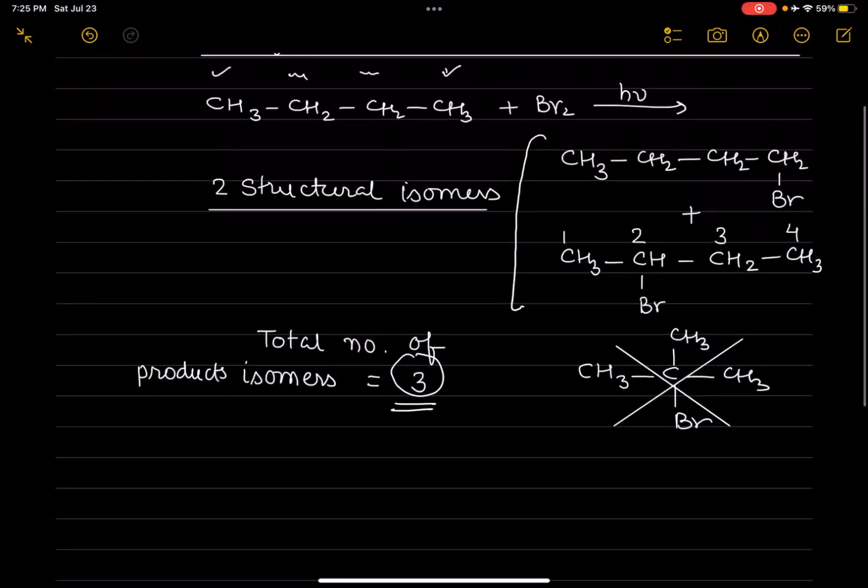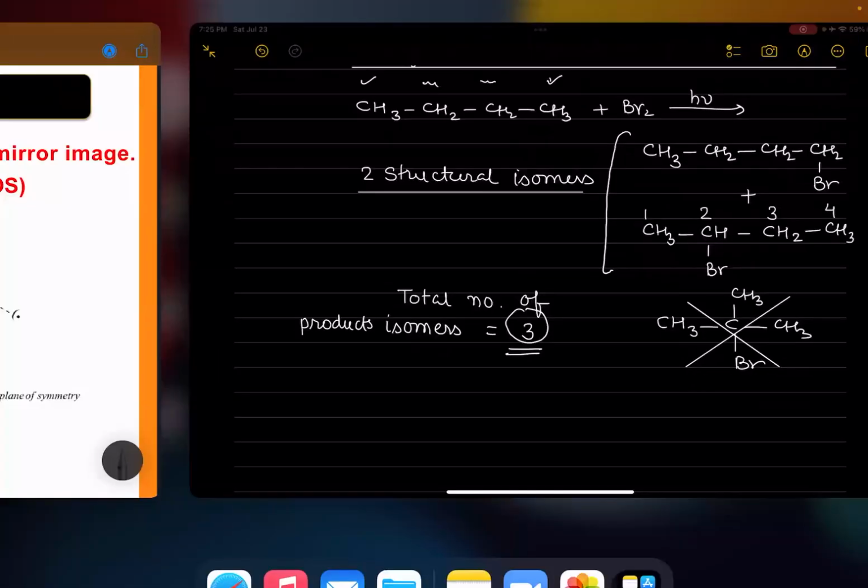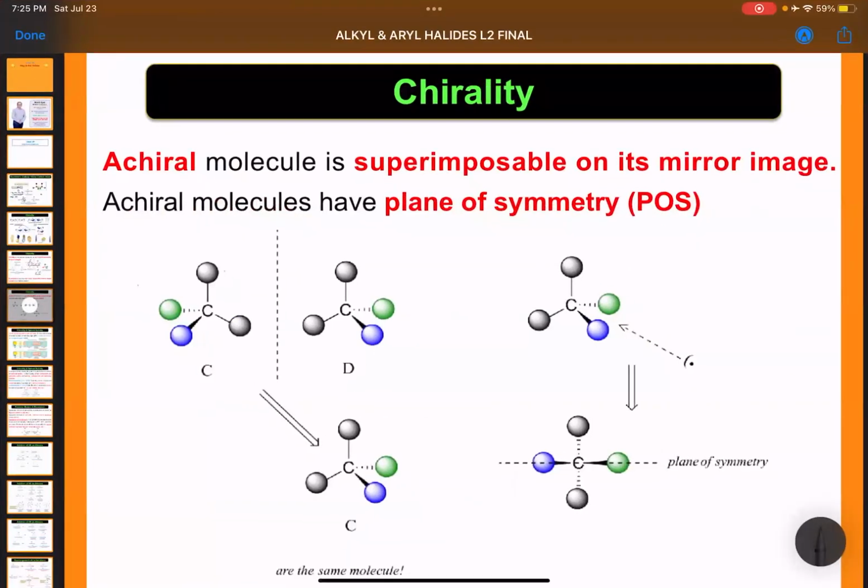And so, in a molecule, if any two groups are the same, then it is not a chiral carbon. Okay, so someone may say it will also have a mirror image. Its mirror image I have drawn. C and D are both mirror images, but they are the same.